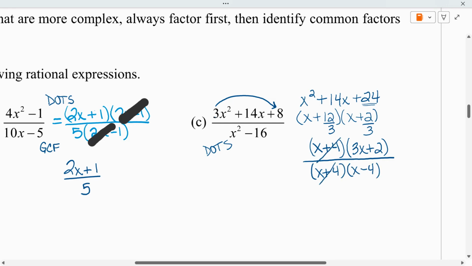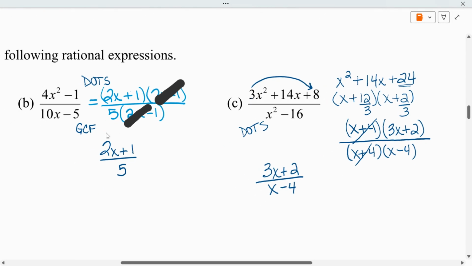Cross off x plus 4, x plus 4. I'm left with 3x plus 2 over x minus 4. Are we okay with that?